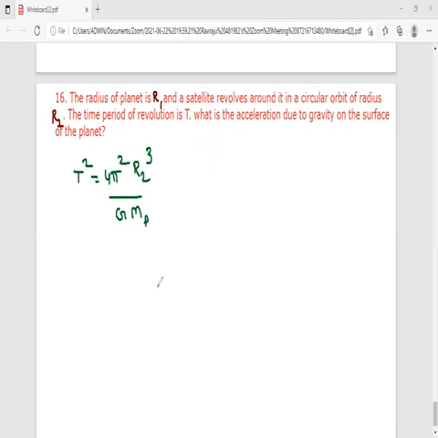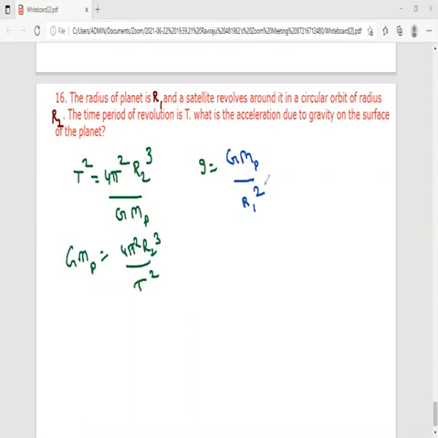Now, what is the equation for GM then? GM of the planet can be written as 4 pi square R2 cube by T square. This is the relation for GM. But small g is nothing but, what is the equation for small g? G M by R square only. So that is G into mass of planet by radius of planet, that is R1 square.